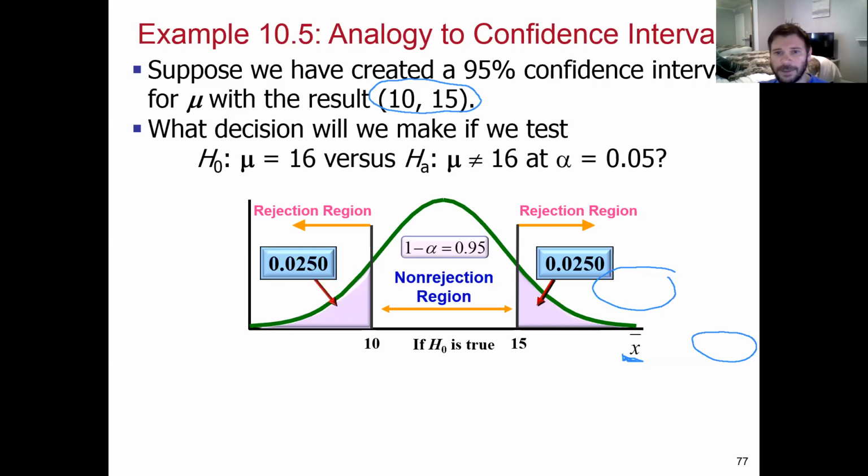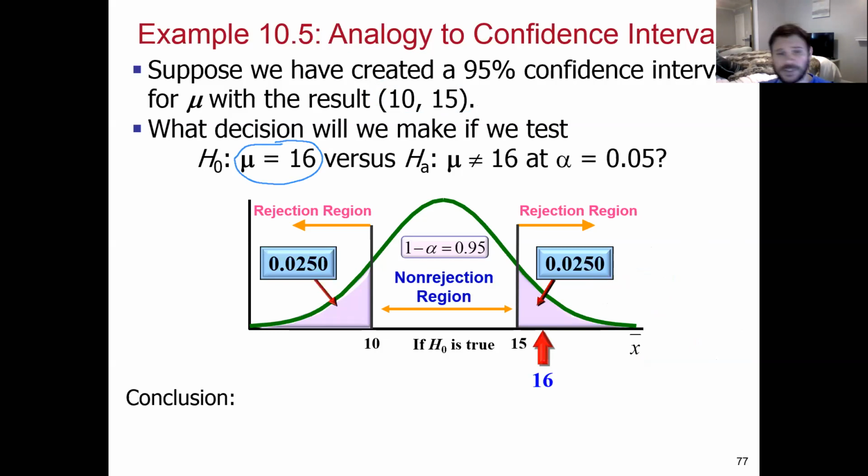The way we can think about the relationship between the two-sided hypothesis test, the two-tailed test, and the confidence interval is this: if the hypothesized value of the mean under the null, which was 16 here, falls outside of our confidence interval relative to our sample mean, then that is equivalent to us being able to reject the null hypothesis of a two-tailed test that uses a 5% level of significance.